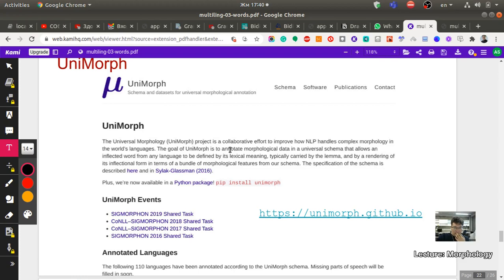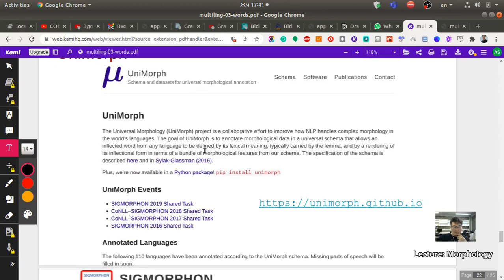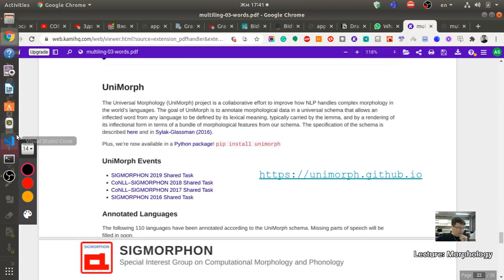UniMorph, annotation. This tries to annotate most languages by a specified formula.